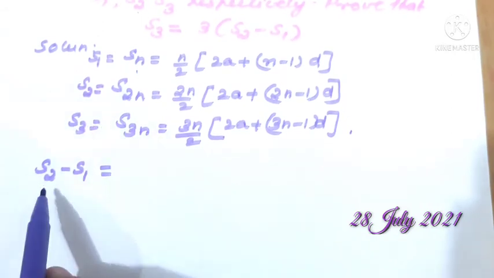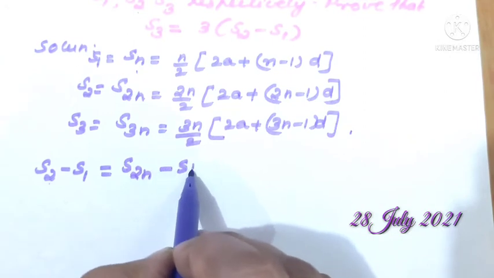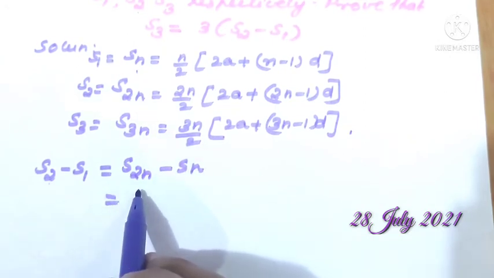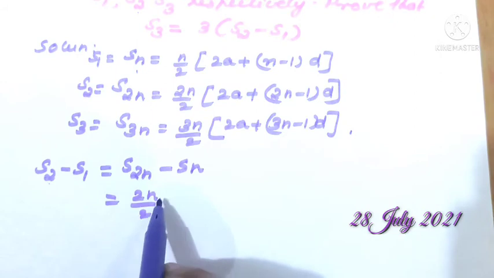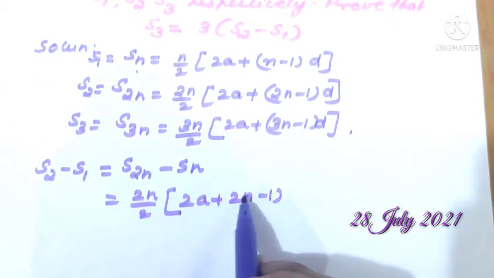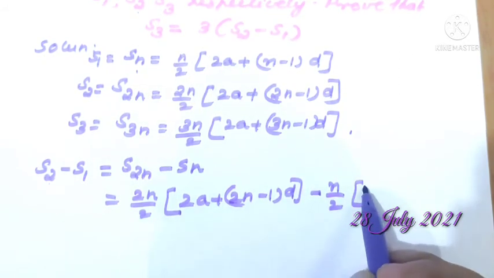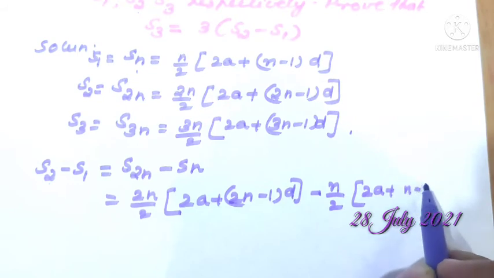So S2 minus S1 means S2n minus Sn, right? S2n is 2n by 2 bracket 2a plus 2n minus 1 into d, minus n by 2 bracket 2a plus n minus 1 into d.